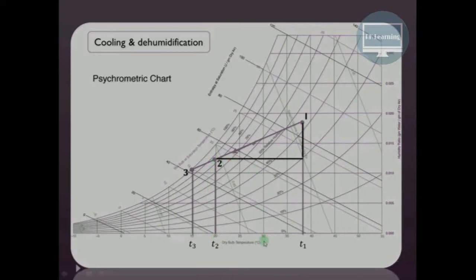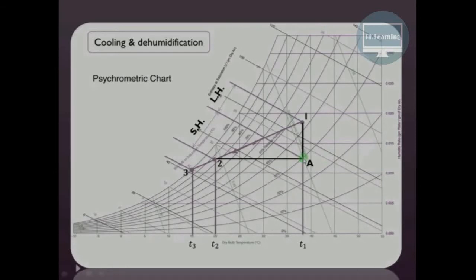Now from 2, draw a horizontal line till it cuts this vertical line at point A, and from A draw a vertical line up to 1. Now draw the corresponding vapor temperature lines. Now this total process can be divided into two parts.